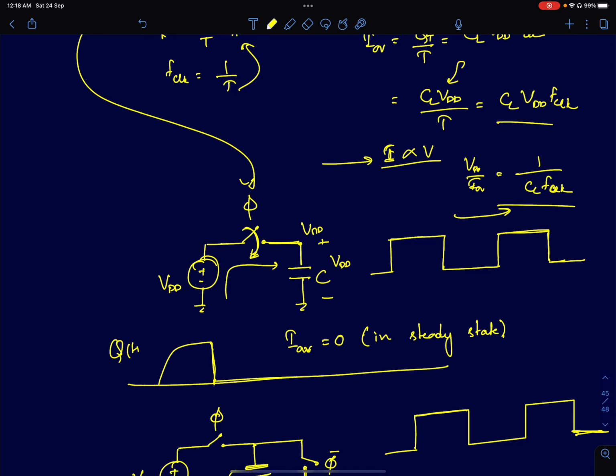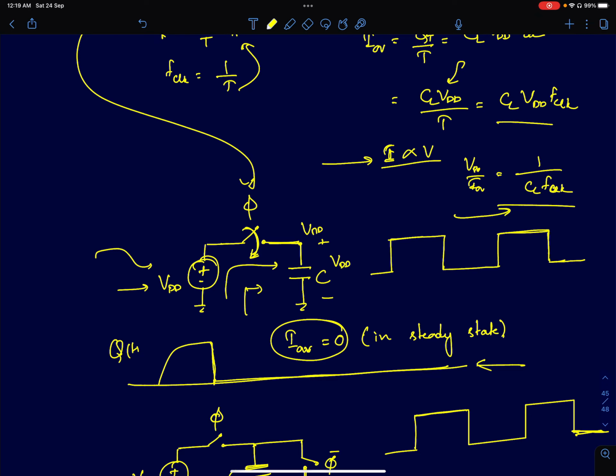So every cycle after that, the charge drawn from the supply VDD is 0, and the average current drawn in the steady state is also 0. This is not surprising. The average resistance offered by the circuit is infinity, because VDD is a DC input, and for DC, a capacitor offers infinite impedance. Even though I'm applying a finite voltage, it's not drawing any current, so we say its impedance is infinity.